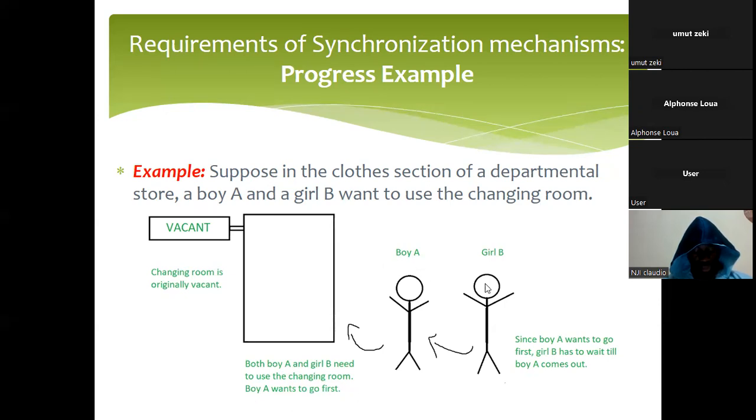Boy A maybe came before girl B, so boy A will use the critical section first. Since boy A wants to go first, girl B has to wait till boy A comes out. Girl B should wait for boy A to try the clothes and come out.